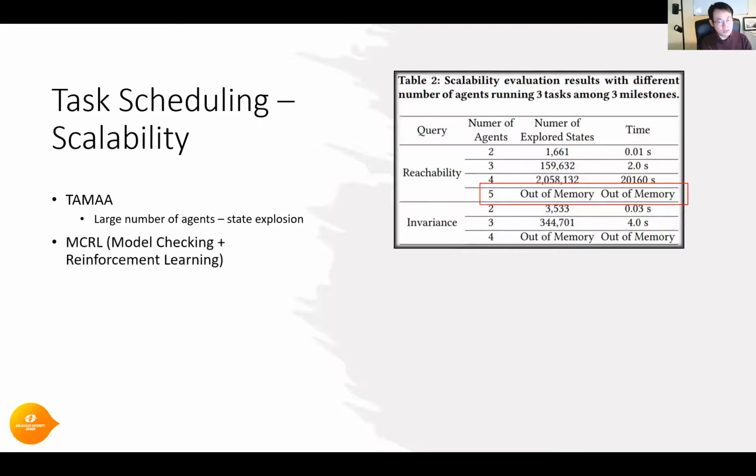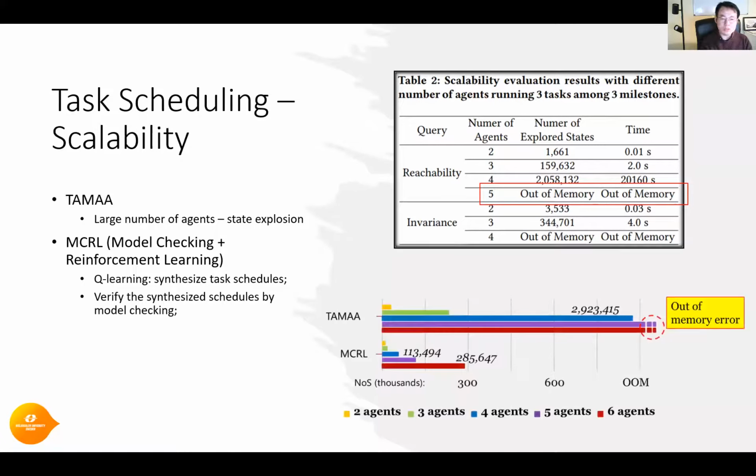And thus, we come up with the idea of combining model checking with reinforcement learning. The essence of this method is to use Q-learning to synthesize task schedules. And then we verify the synthesized schedules by model checking. This picture shows the number of explored states for these two methods.